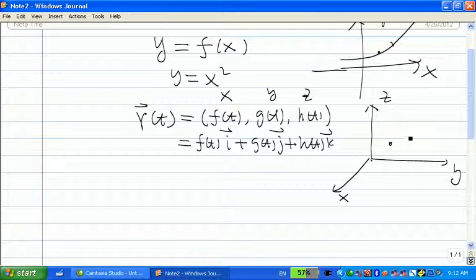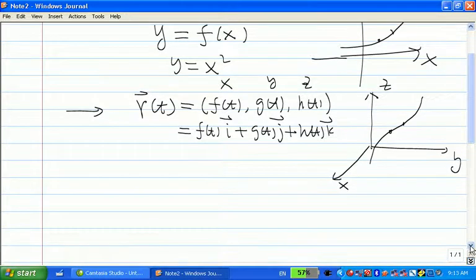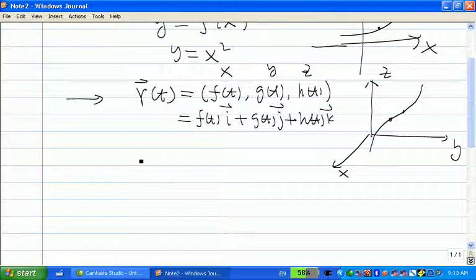For different t, you got a different point. So if you connect all those points, you got a curve in the space. We call this a parametric form of the curve. So in other words, for this type of function, the independent variable is a scalar, but the function itself is a vector, and it gives you a curve.